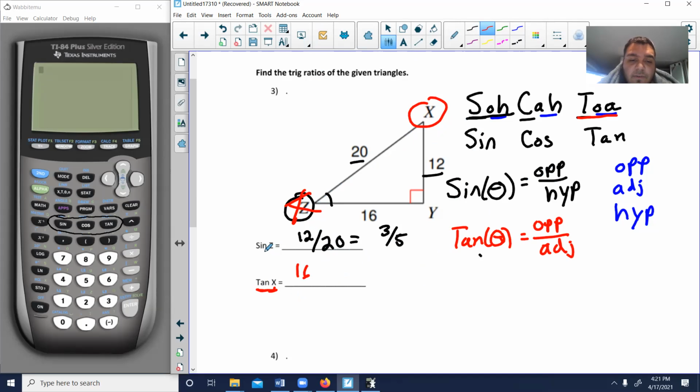And notice how that's different from opposite of Z, which was 12. So it depends where you're standing. So tan X is opposite of X, so that's 16, over the adjacent of X. This one is the hypotenuse no matter what. So this has to be left over as the adjacent. So 16 over 12. If I were to simplify that fraction, 4 over 3.